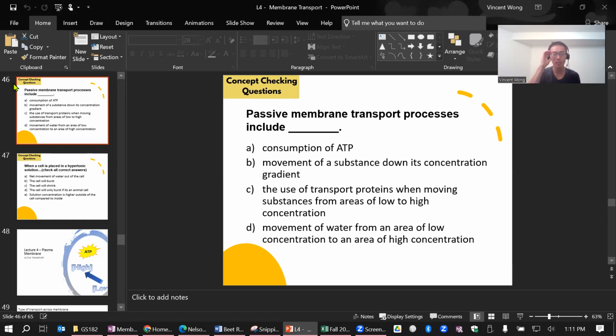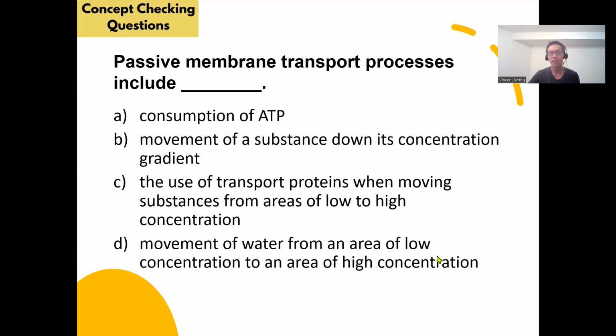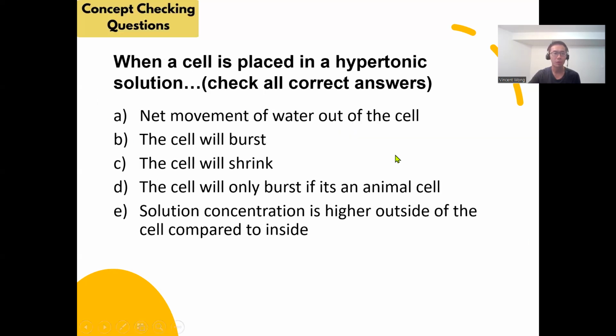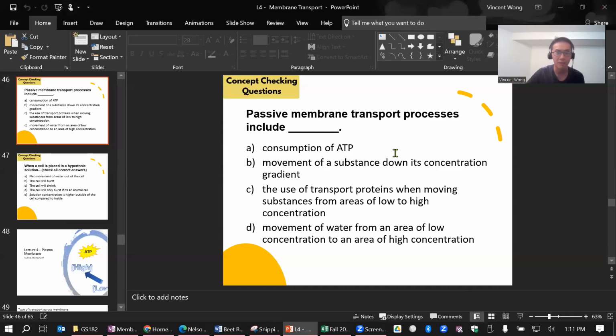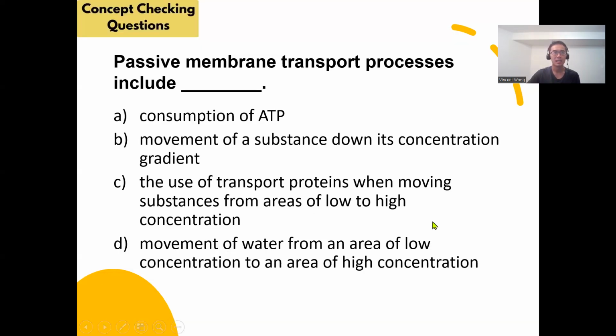Like when you did the first quiz last time, at least a few questions were taken from the concept checking stuff directly. Okay, so please review these as part of your studying process. Okay, so this is slide, what was it, 46, I think? Let me just double check. Yep, slide 46.